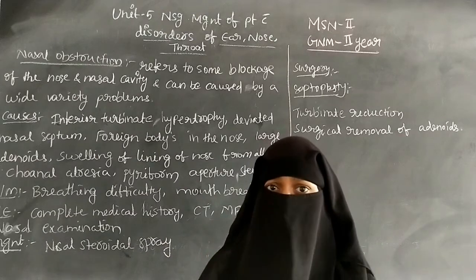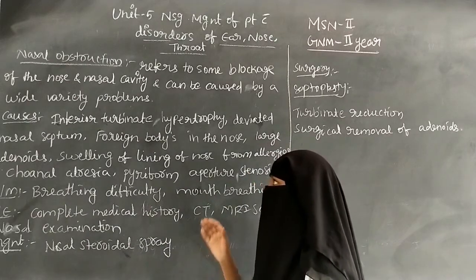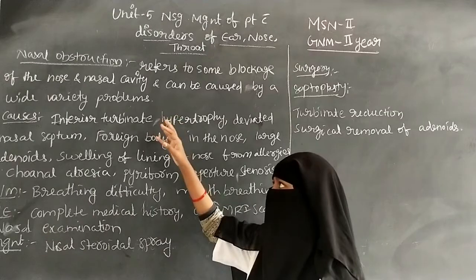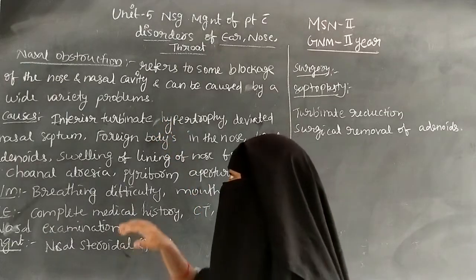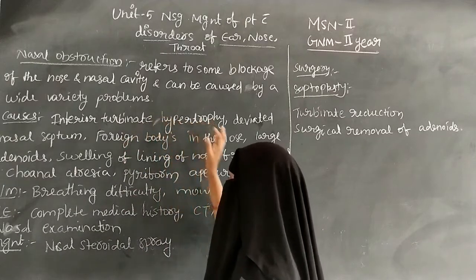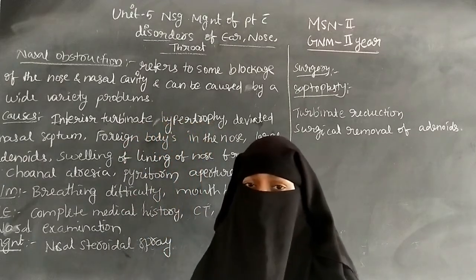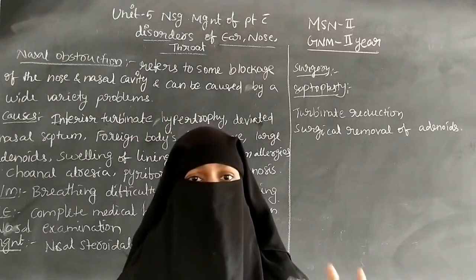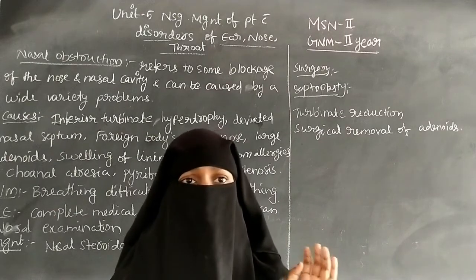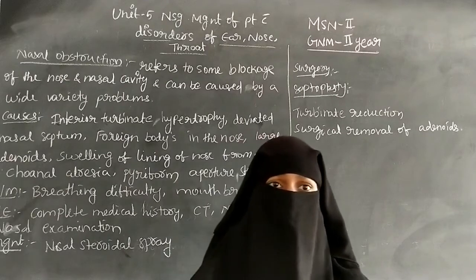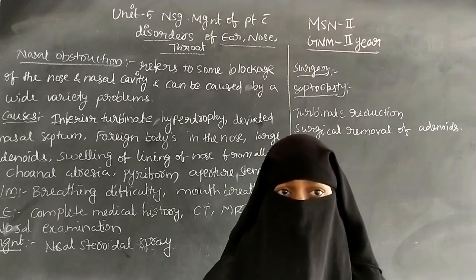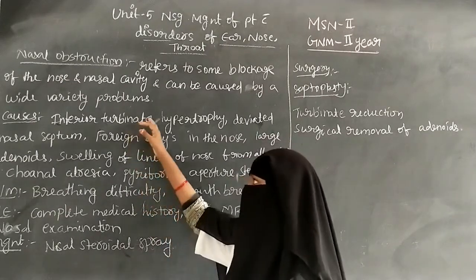Because of this, an obstruction can form and it causes nasal obstruction. The turbinate bones help in humidifying the air and in the transfer of air through the nasal passage.